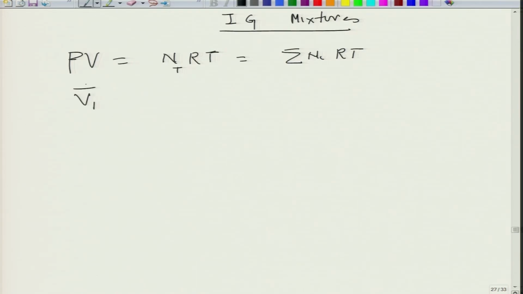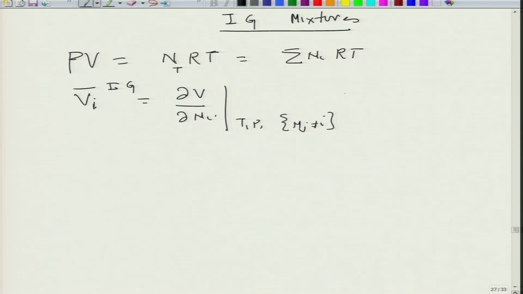Here, if I want to obtain the partial molar volume of an ideal gas component, then I am going to take the partial derivative of V with respect to N_i at constant T, P. Then I replace V using the equation of state, and I should be able to write this with the summation of N_i. RT is not dependent on N_i, and the partial derivative of the summation with respect to N_i is nothing but 1.